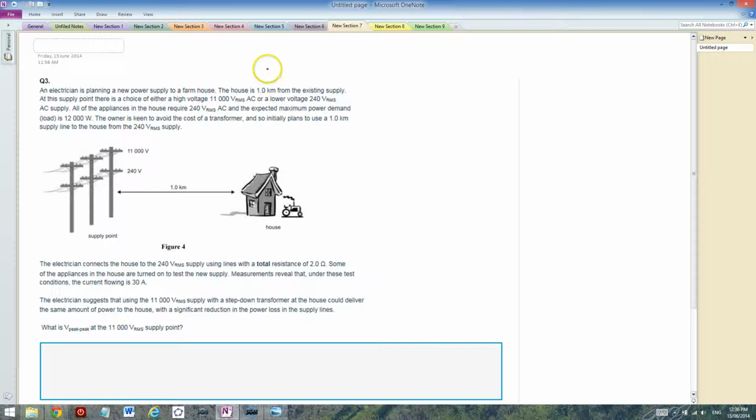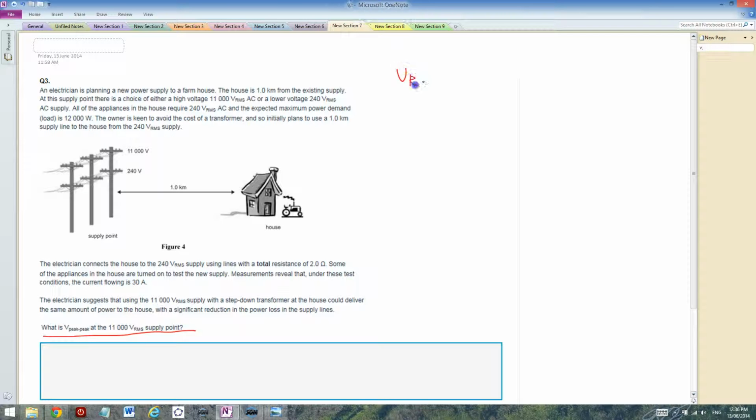So question three seems very complicated, but okay, in this case, I just look at the final question. They ask me the peak-to-peak voltage of a 1100 volts RMS supply.